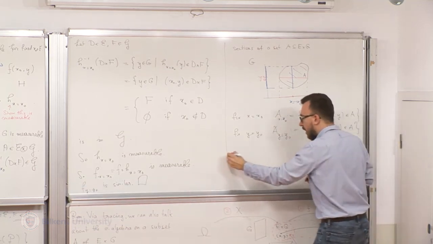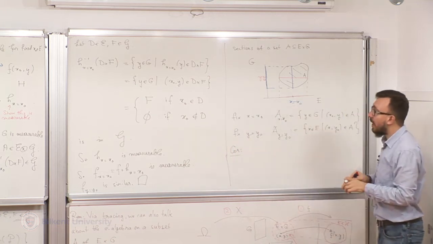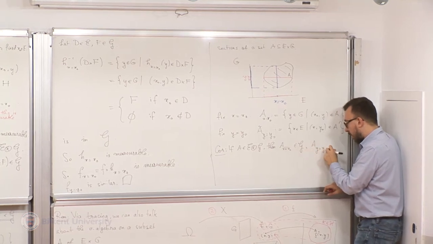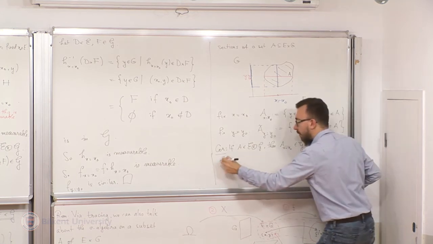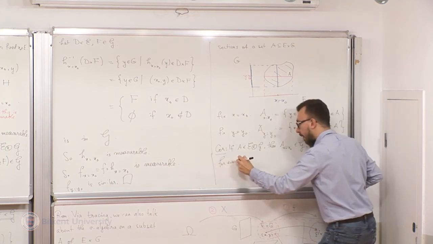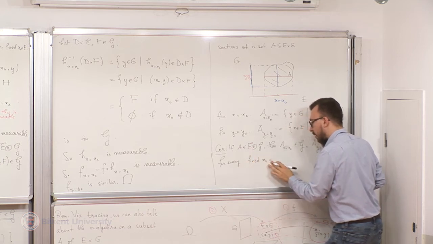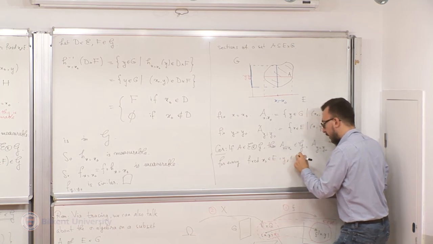So the corollary to our proposition about sections of functions is that these sections are measurable, in script E or script G, for every fixed x0 in the first space or y0 in the second space.